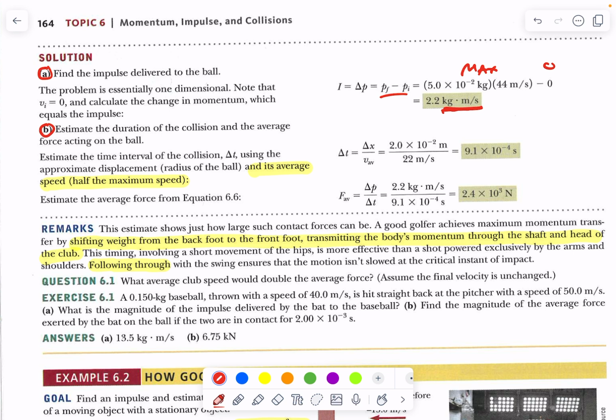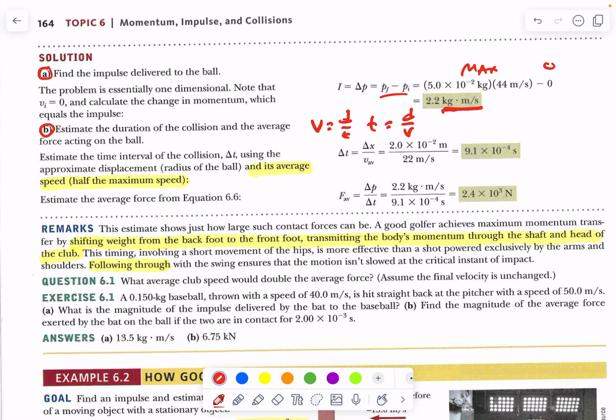Now, once we have that, we can find the time of impact. And so if you remember that velocity equals distance divided by time, therefore time equals distance divided by velocity.